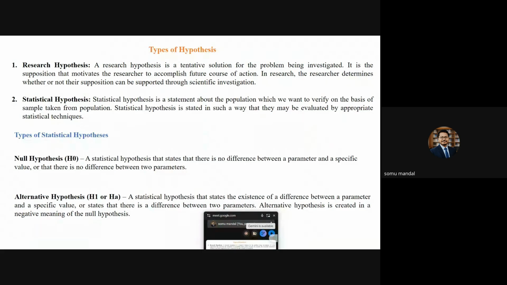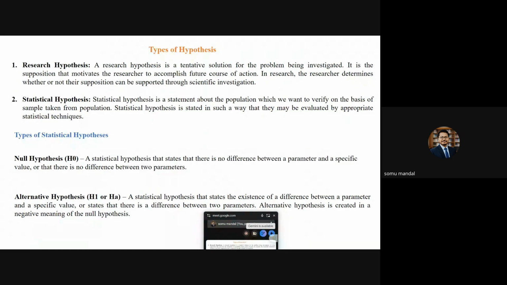So first of all, we have to understand what a hypothesis is, because while we are conducting any kind of statistical or advanced statistical analysis in research, the first thing is the hypothesis. It is very important in our research. There are two kinds of hypothesis. One is the research hypothesis, another one is the statistical hypothesis.